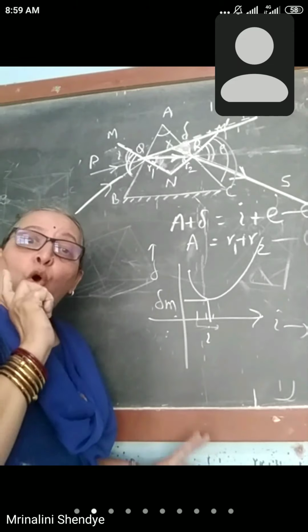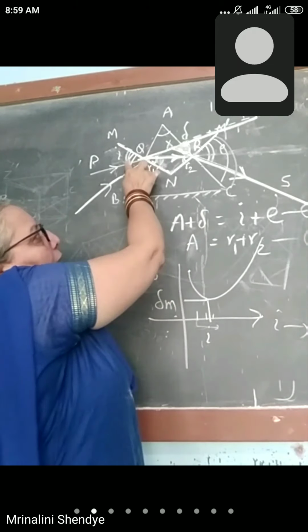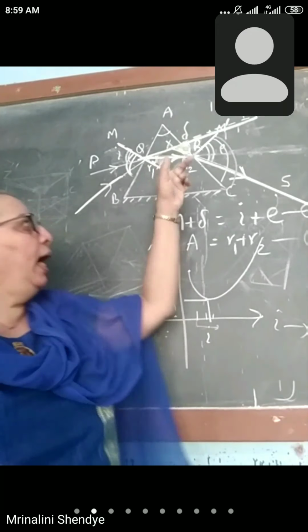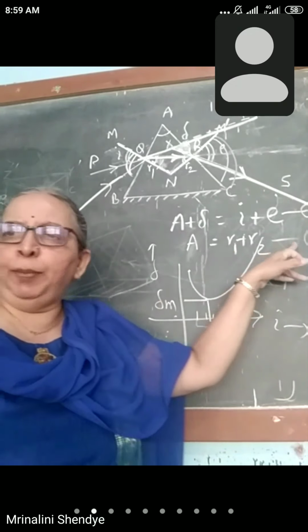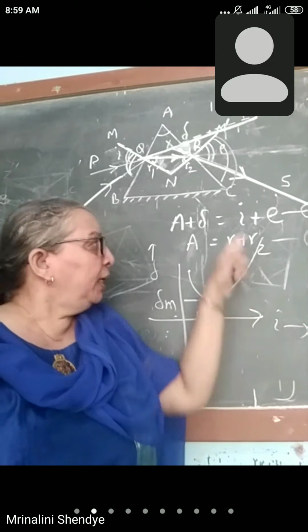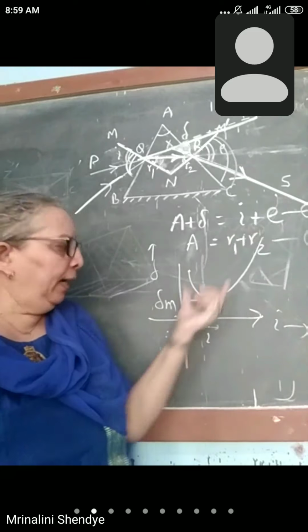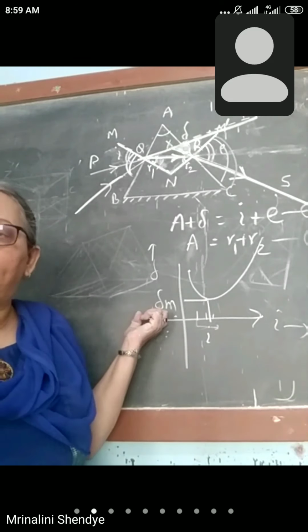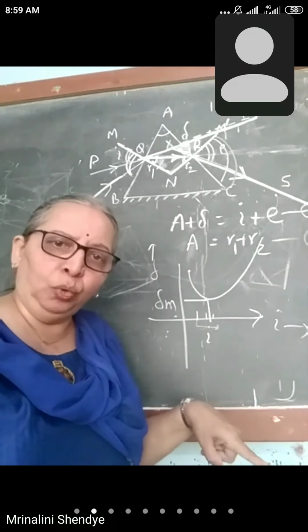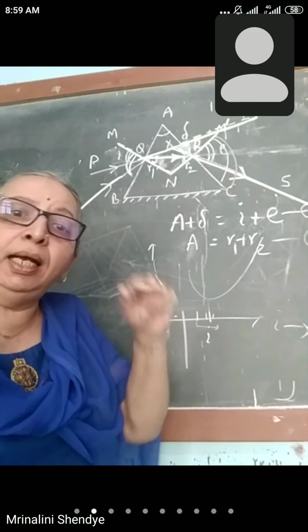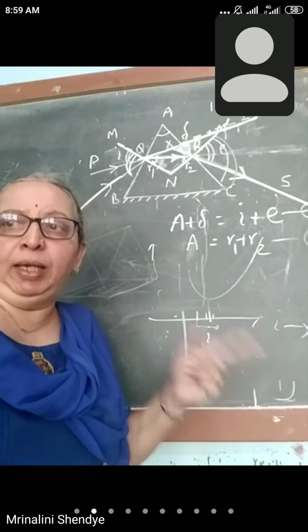It is only possible where I and E are equal. A stage comes where, when I is changed, delta changes and E also changes, but at one particular value of I, it becomes equal to E, and at that time delta has its minimum value. It is experimentally proved, and we are going to find delta M for your material during the practical.